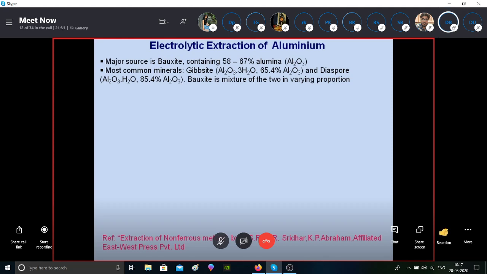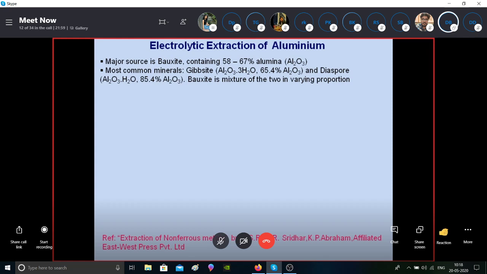The major impurities in this are basically TiO2, iron, and silica. TiO2 becomes one of the important constituents which we are rejecting from aluminium extraction, which is treated later on for titanium extraction.